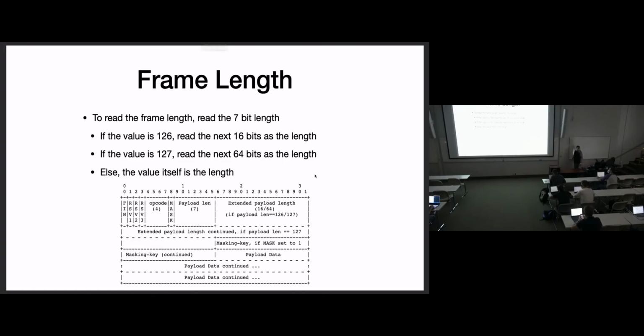So that's payload length. You read the first 7 bits. Those 7 bits will always exist. You read these 7 bits. If it's less than 126, that's your payload length, and you go right to the masking key or the payload data. The masking bit, by the way, is always going to be 1 when you're reading packets. So you're going to go to the masking bit when you're parsing.